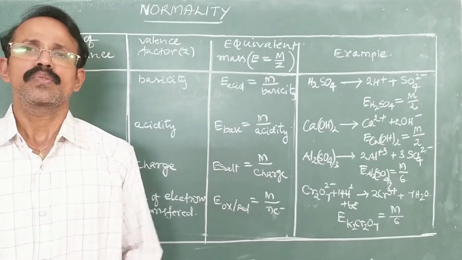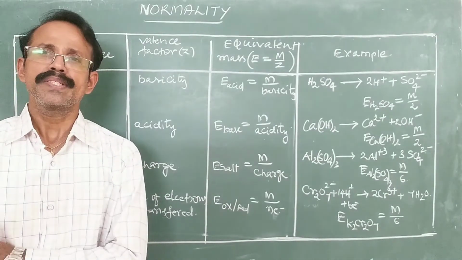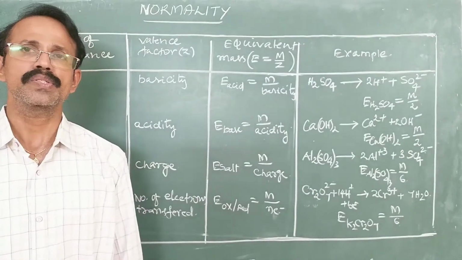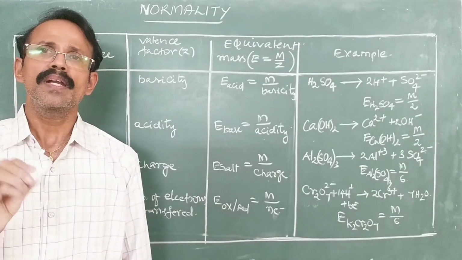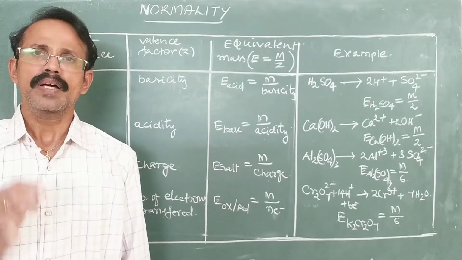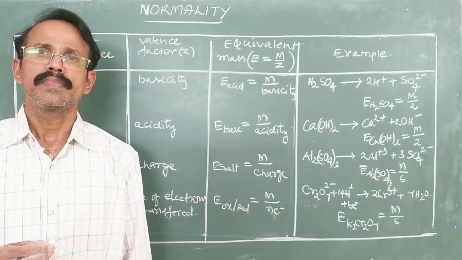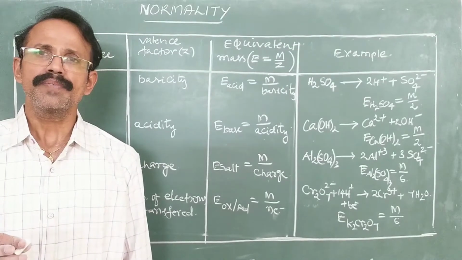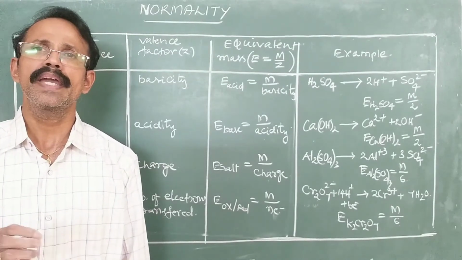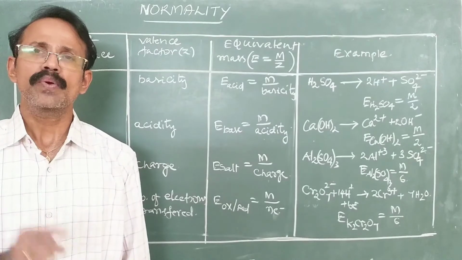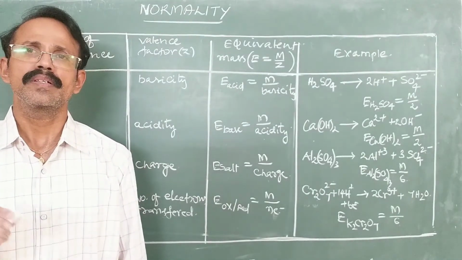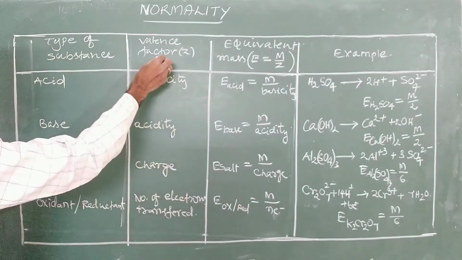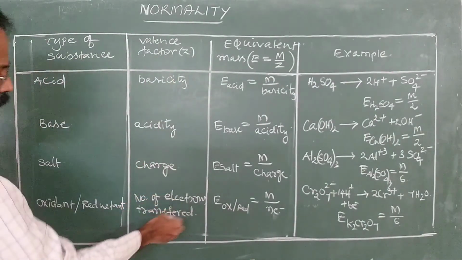Here, the number of electrons lost by one molecule of reducing agent, or gained by one molecule of oxidizing agent, is equal to the valence factor, Z. So the valence factor is the number of electrons transferred.